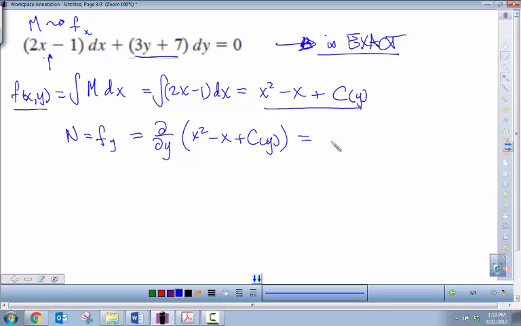So what is that? Well, the x's are constant with respect to y, and then all I have here is c of y. Oops, not equal, but plus. Let's make this the derivative.